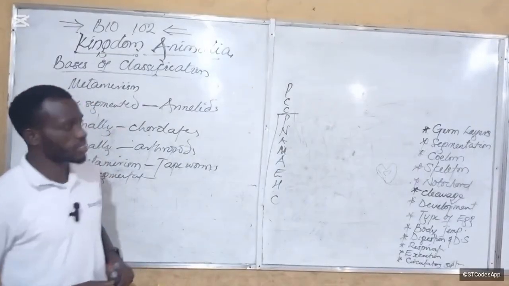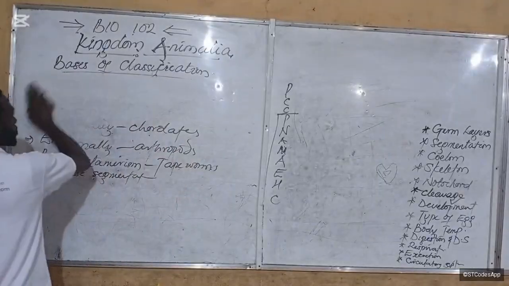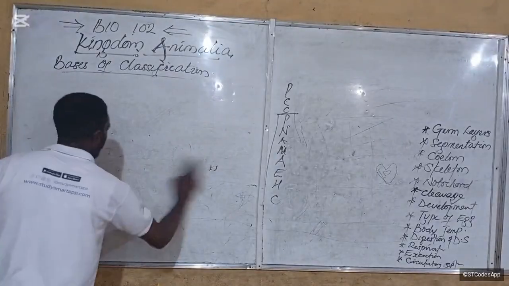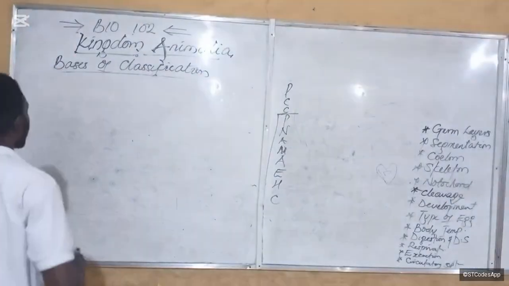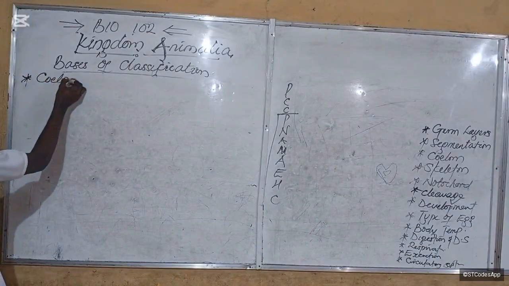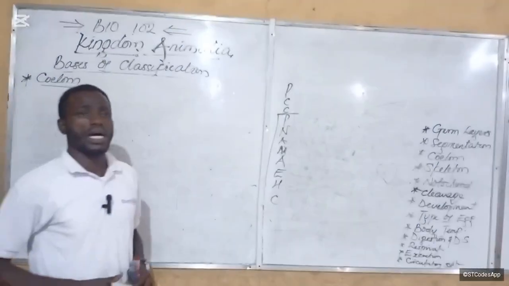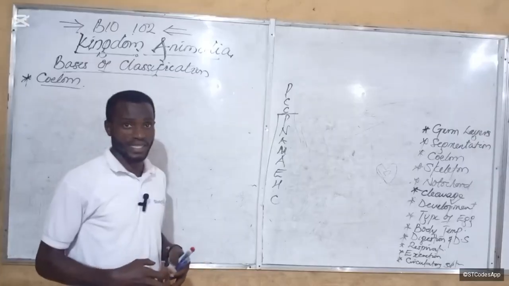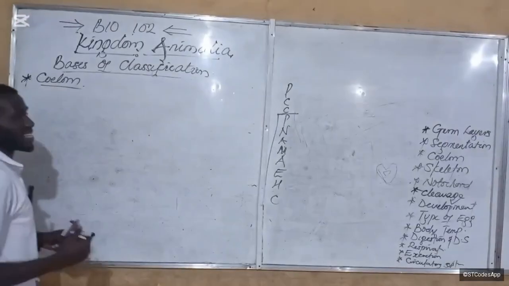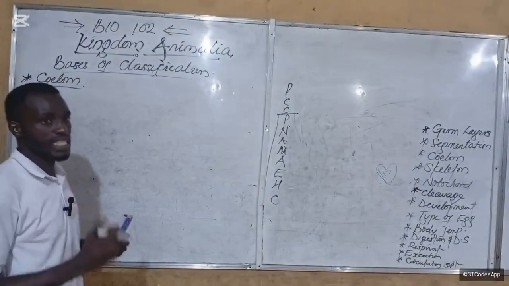So let's see coelom. Coelom refers to the body cavity. An organism that has coelom is said to be coelomate.